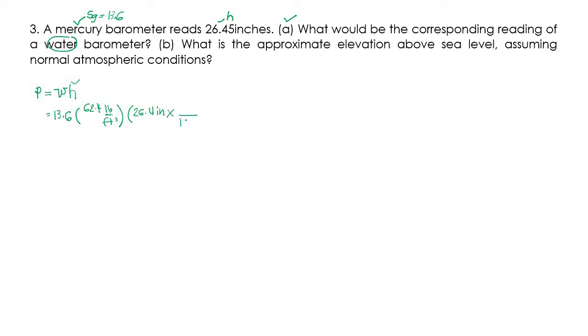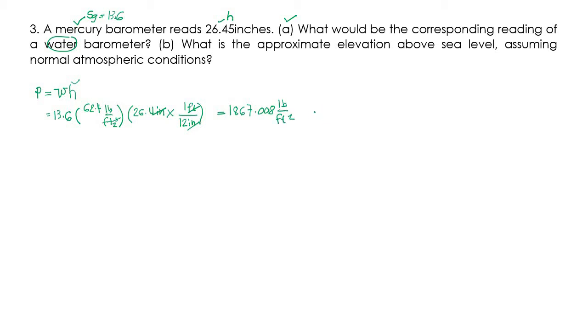We know that 12 inches is 1 foot. So inch and inch will cancel out, and foot and feet also will cancel out. So this is now 1,867.008 pounds per feet squared.